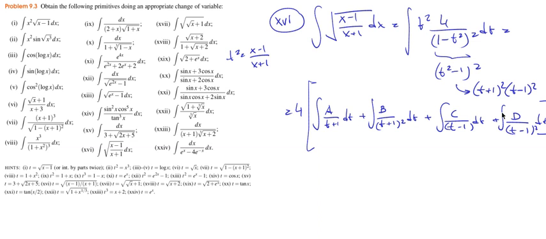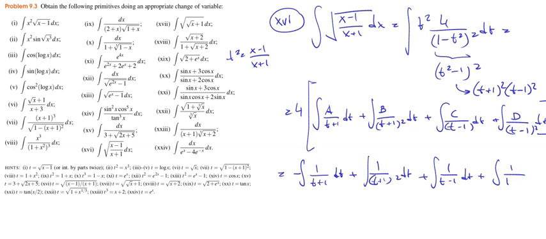Okay, now again, you know how to solve this thing. If you solve this and multiply by 4, you would get 1/4 everywhere. You have minus 1 over t plus 1 dt plus 1 over t plus 1 squared dt plus 1 over t minus 1 dt plus 1 over t minus 1 squared dt.